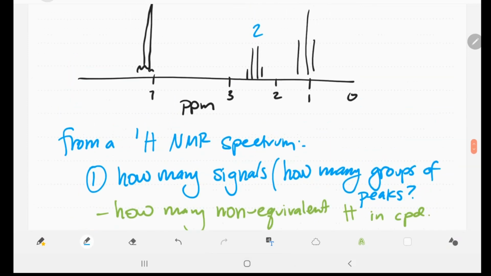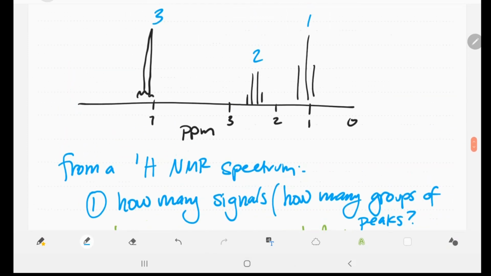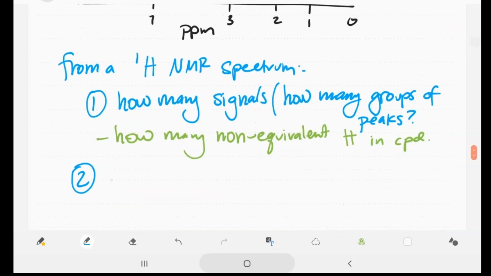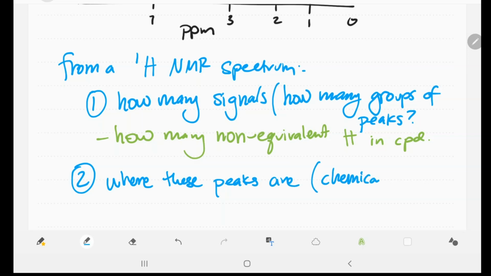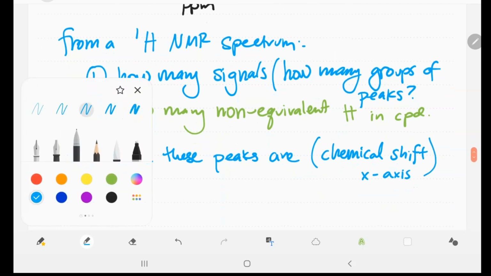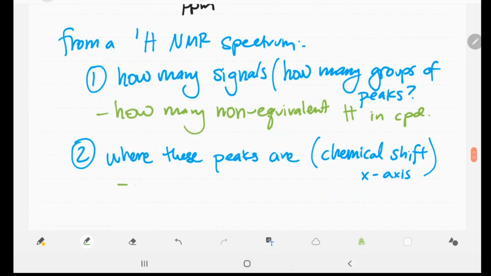We can also tell where these peaks are. This is what's called the chemical shift. This is your x-axis. What this tells us is what is nearby. What is the environment that hydrogen is in?